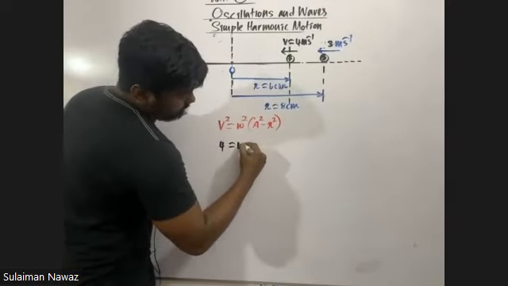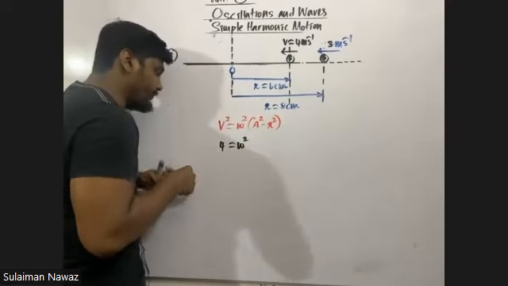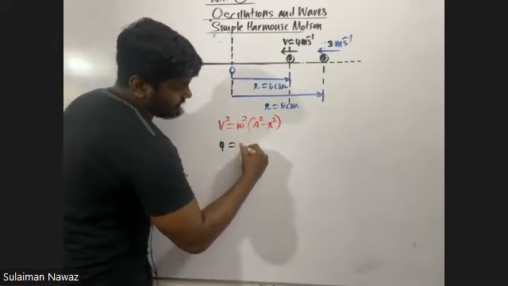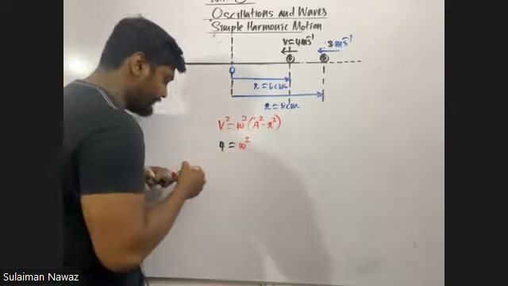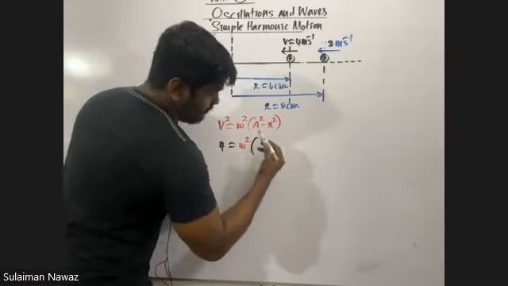Omega you don't know actually. If you can find this omega value, then you can find the time period. So your target is to find omega. Inside the bracket, you don't know a as well.